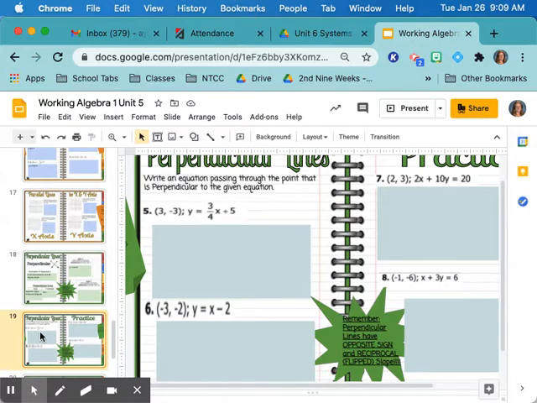Let's go to slide 19 and go to number 5. I need to start a new page in my journal because I'm going to a different slide. So we're at perpendicular lines, and this is slide 19.